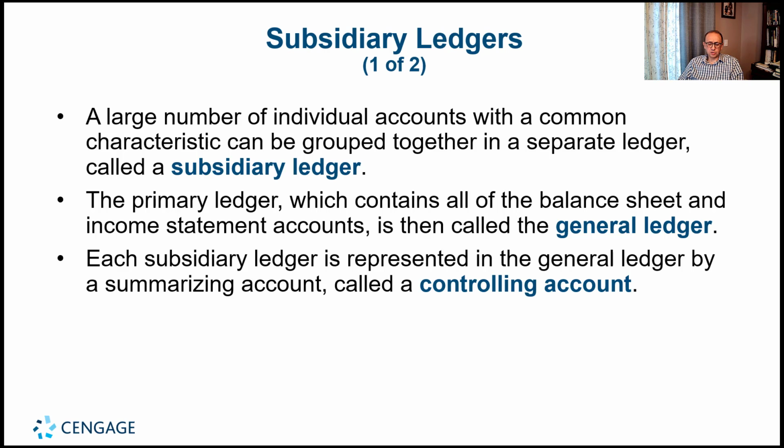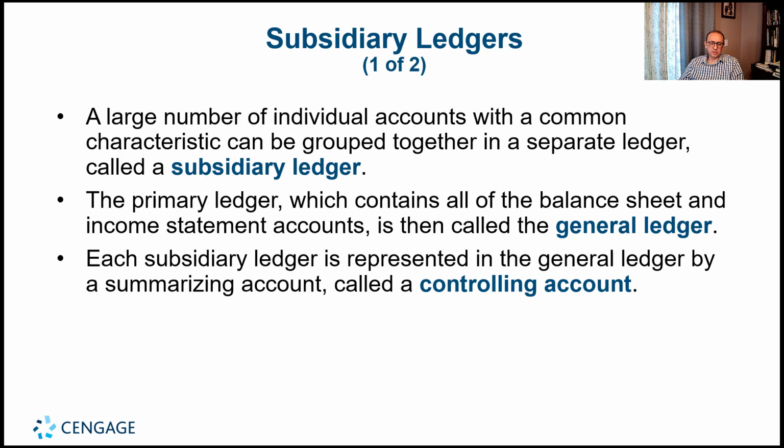And this is the general ledger that we've been using before in chapters 1, 2, 3, and 4. But once we have retail businesses, we're dealing with a number of customers, a number of suppliers, and also a number of inventory accounts. That's why we have to use subsidiary ledgers that can be summarized later in the general ledger. Each subsidiary ledger is represented in the general ledger by a summarizing account called a controlling account.